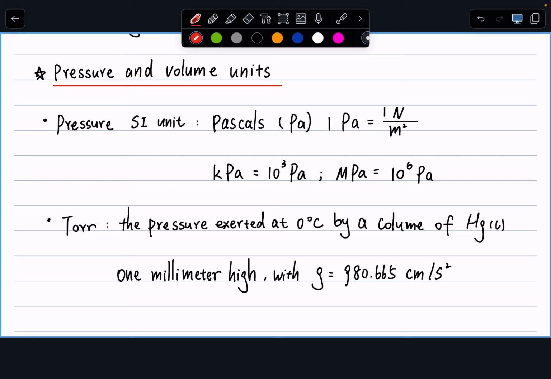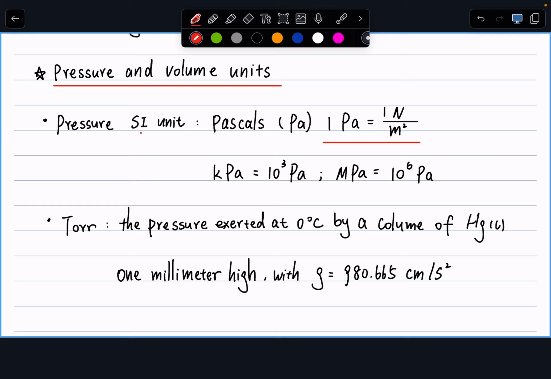For pressure, the SI unit is the Pascal, defined as 1 Newton per meter squared. So the Pascal is a very small unit if you think about it. As a matter of fact, when we're talking about pressure in physical chemistry, we do not use Pascal as often because it's too small a unit for us to use.